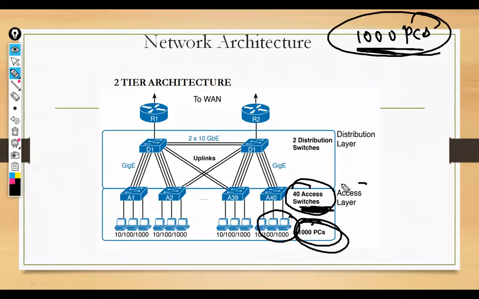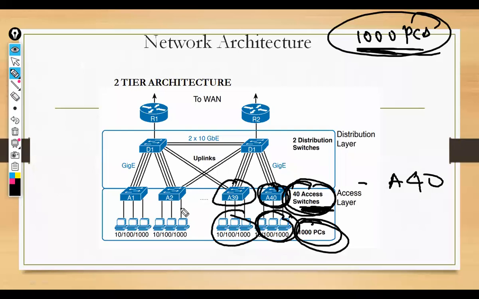Some machines will be connected to this A40 switch, some to this A39 switch, and some to this A2 switch.